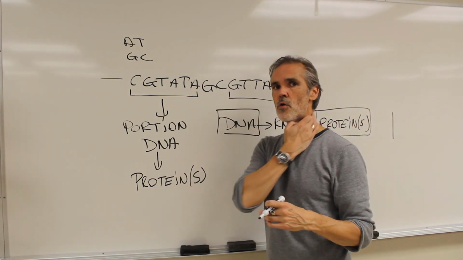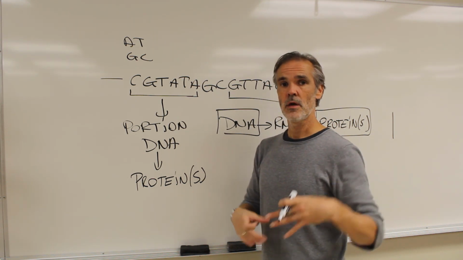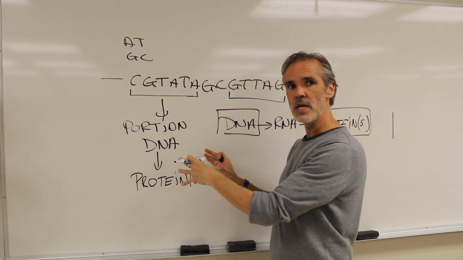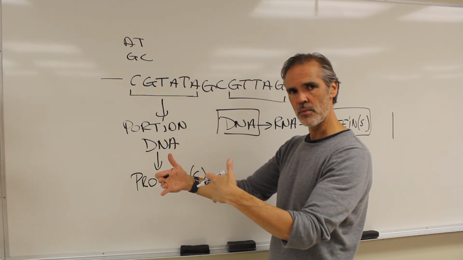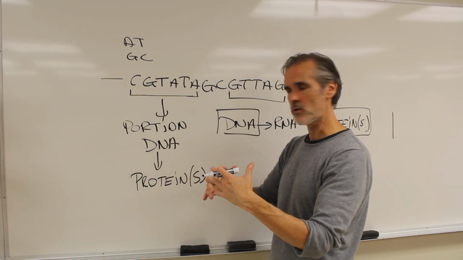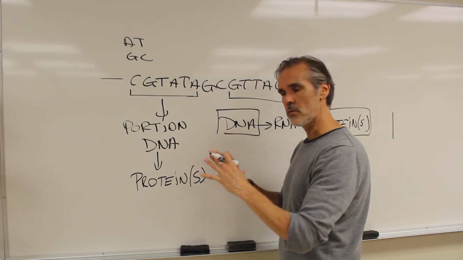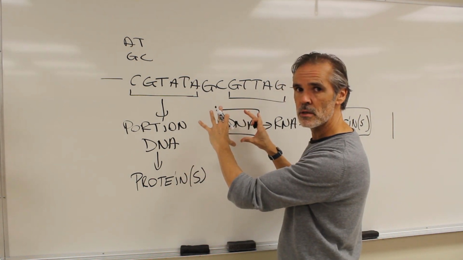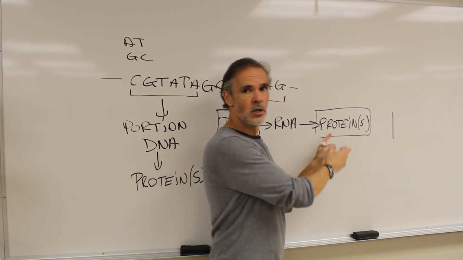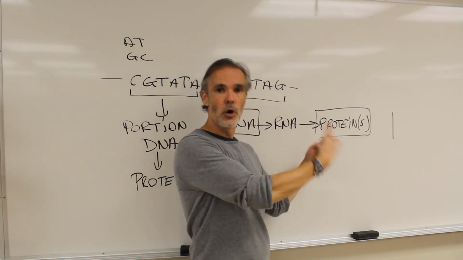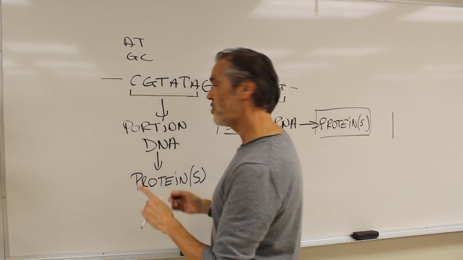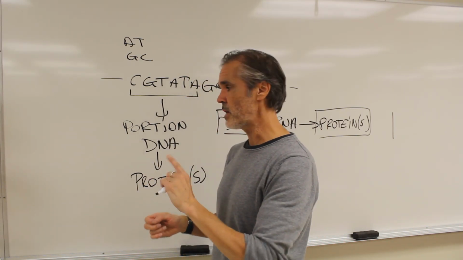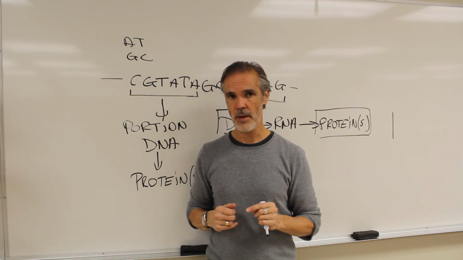These proteins will have a function. That function will lead to the measurement of something, which is the phenotype. Hopefully you're following all of that, okay? So all we need to know now is that DNA is important because it leads to the production of some proteins. And those proteins have a function inside of the cell, okay? So that's an important part right now that we need to keep in mind.